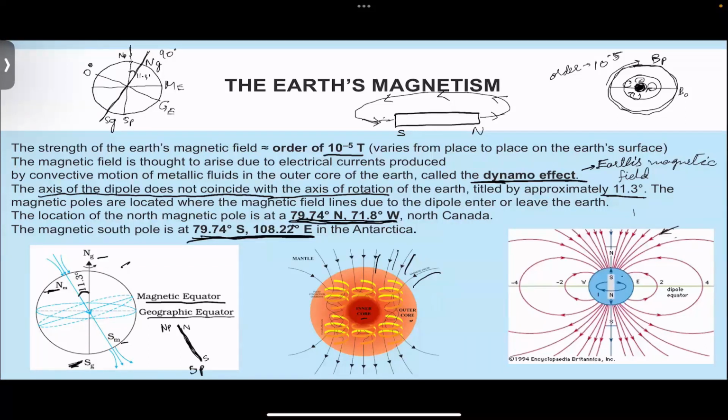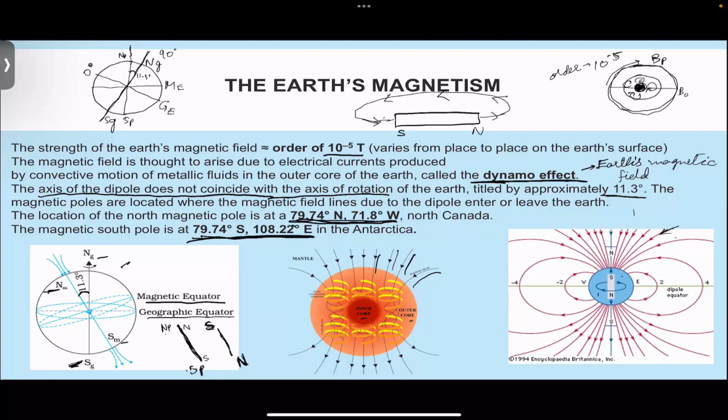So in that sense, the north of the needle is pointing towards the south of the Earth's magnetic field, and the south tip of the magnetic needle is getting attracted to the north pole of the Earth's magnetic field. That is why the magnetic dipole of the Earth's magnetic field is different from what we are denoting as the north magnetic pole and south magnetic pole.